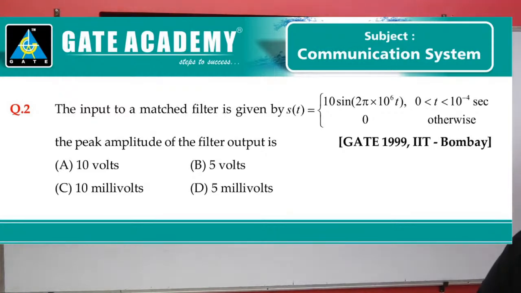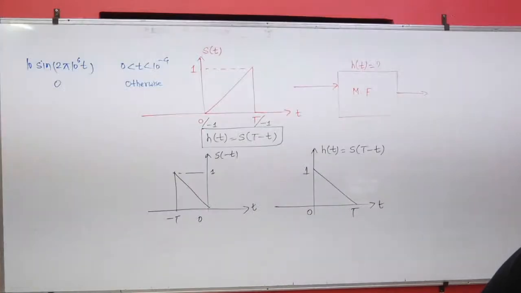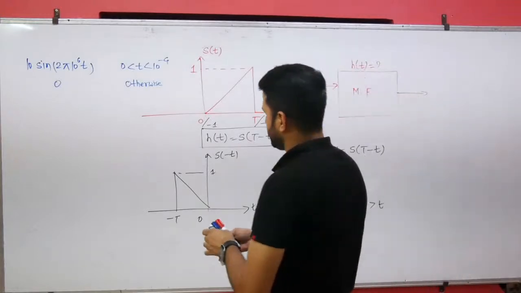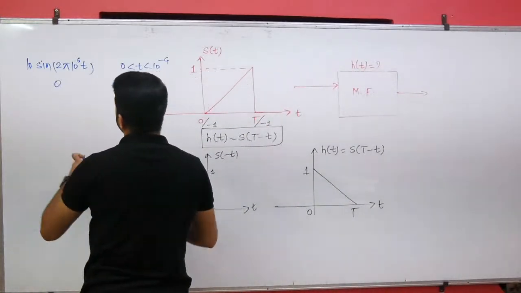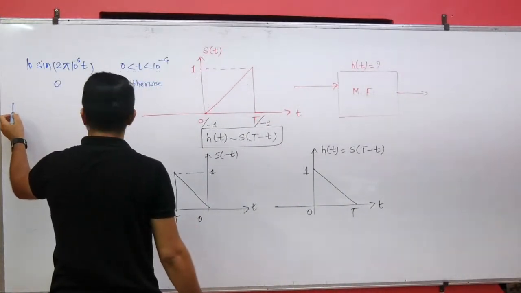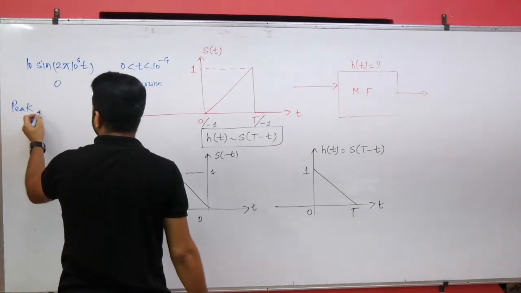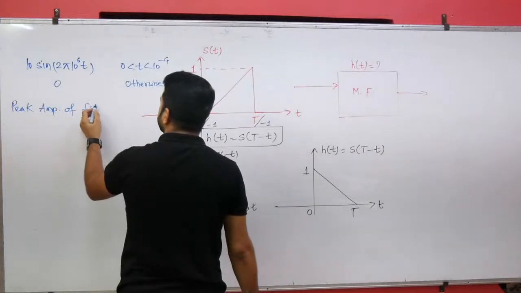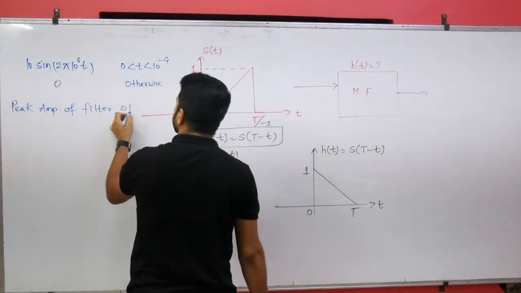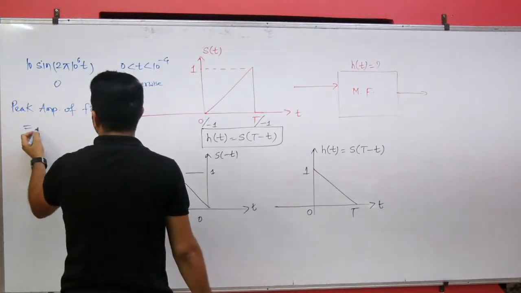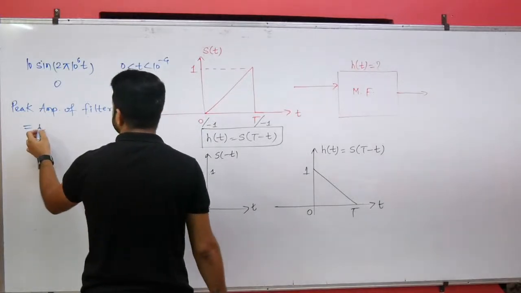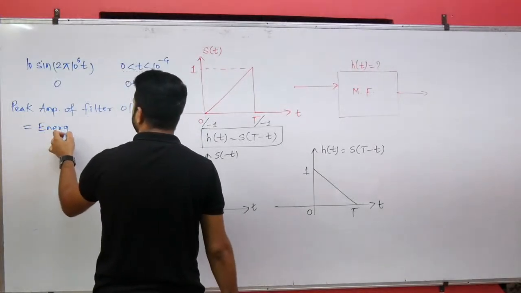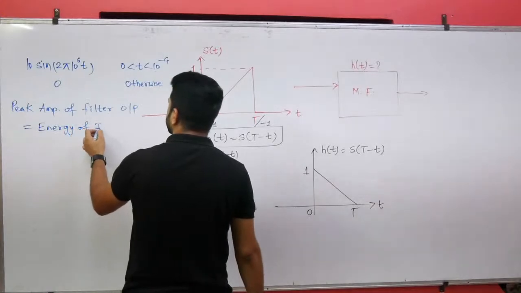So we have to calculate the peak amplitude of the filter output. So we have already seen that the peak amplitude of filter output is equal to the energy of input.